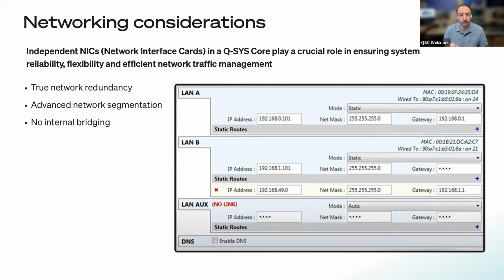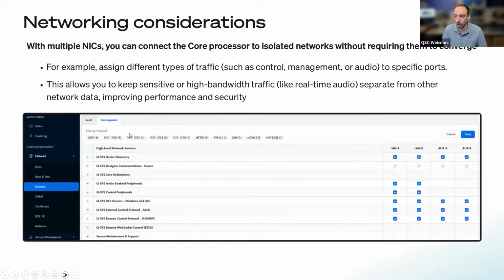That means it's only allowed to talk to the 192.168.1 subnet and all 255 devices that are inside of that. But we have a static route there at 192.168.49.0. That means that we are adding in the 49.x subnet, and all 255 devices that are there will be able to see Q-SYS, and Q-SYS can see those devices. So that helps you with doing some advanced network control.